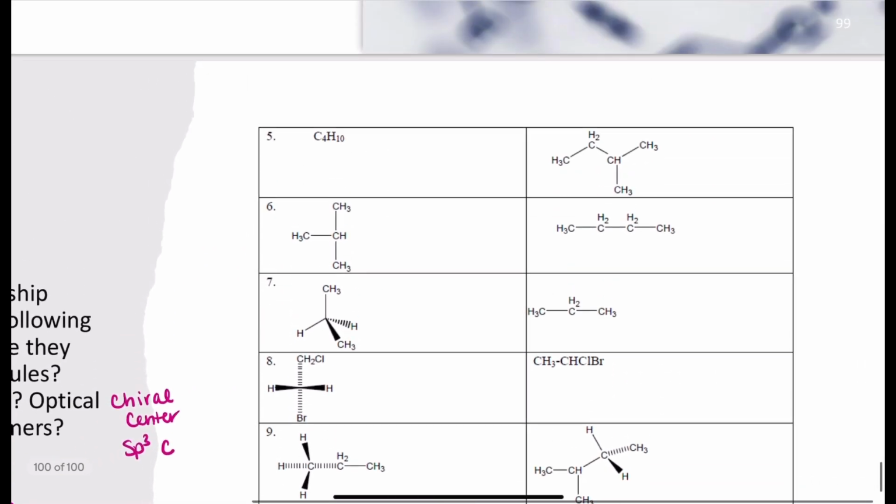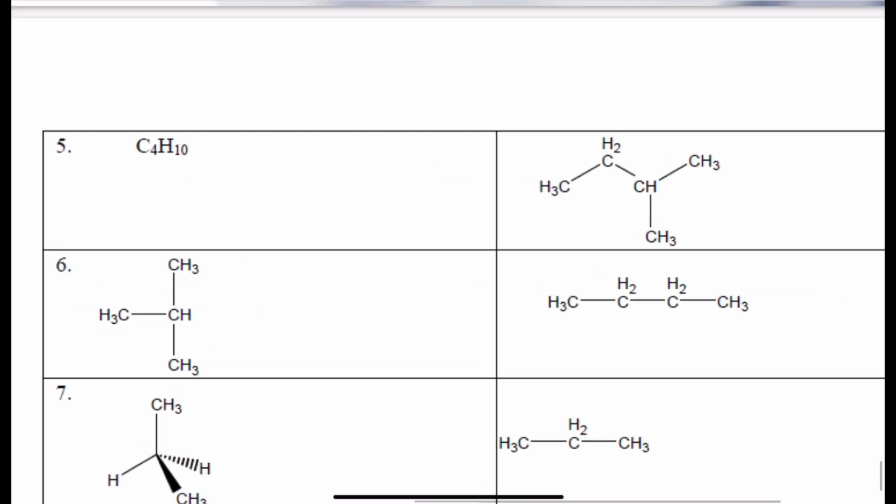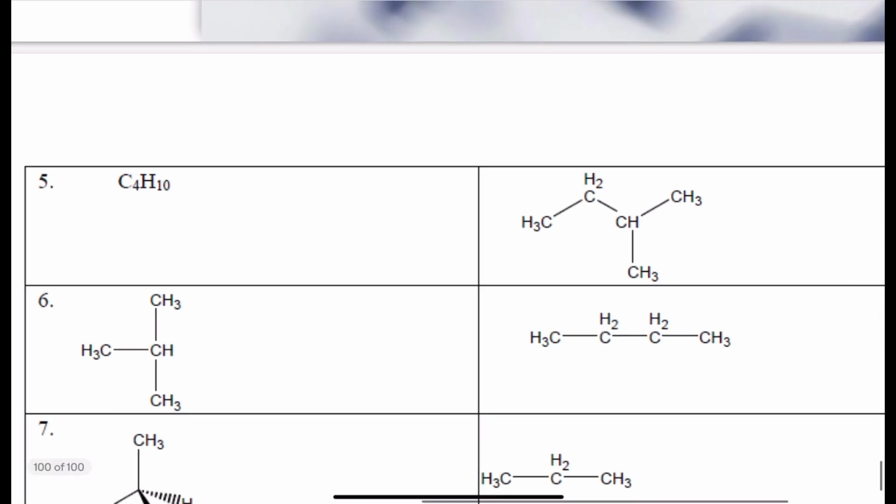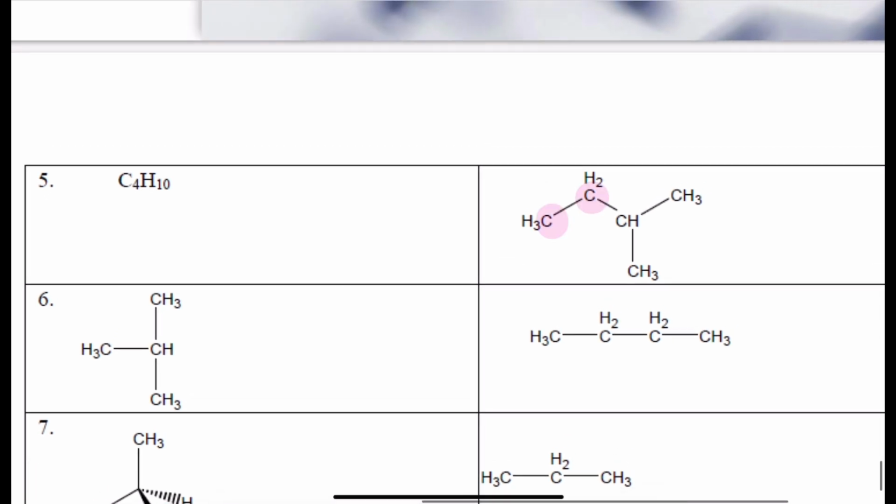So let's look at the first two. C4H10 or this one. Well, the first thing to do is just figure out the formula. Here I've got 1, 2, 3, 4, 5 carbons, different compounds. If you add it up, this is actually C5H12.